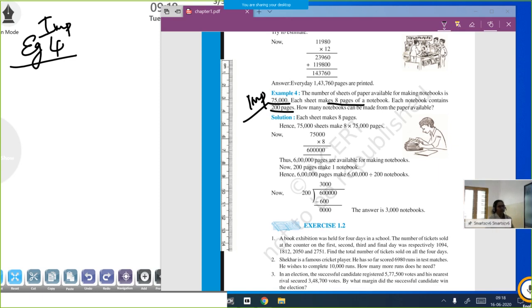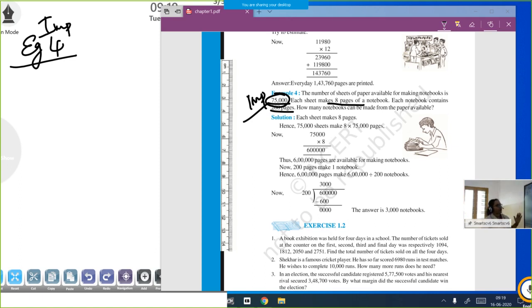So first you have to write how many sheets of paper are available. That is 75,000 sheets of paper are available. From one sheet, how many pages can we make? 8 pages we can make. There are two parts of the question.